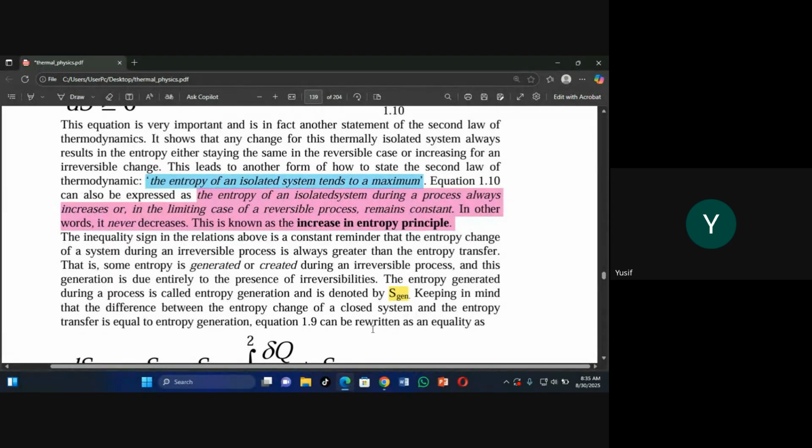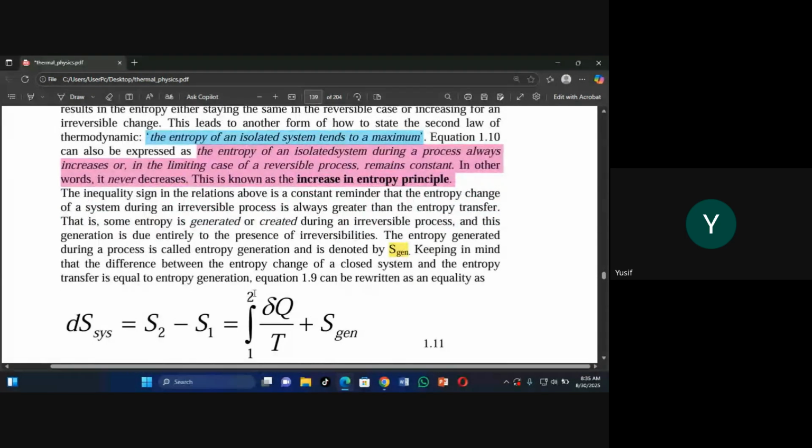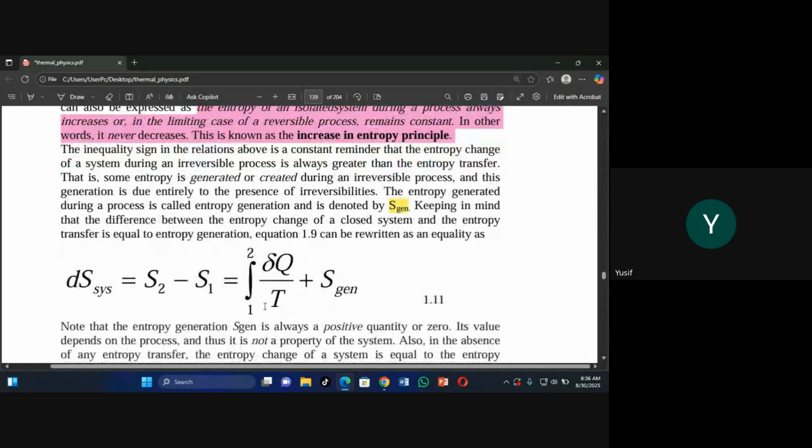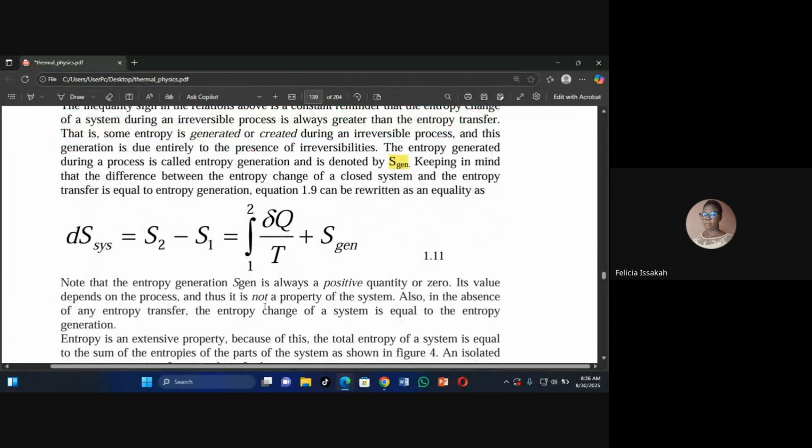Okay. Keeping in mind that the difference between the entropy change of a closed system and the entropy transfer is equal to the entropy generation, equation 1.9 can be written as this. Please, is it clear? Okay. Yes.